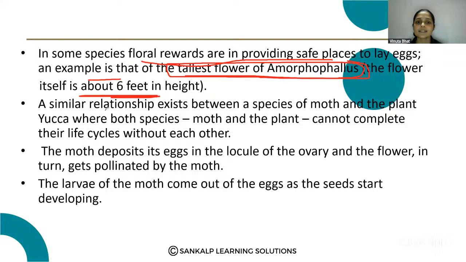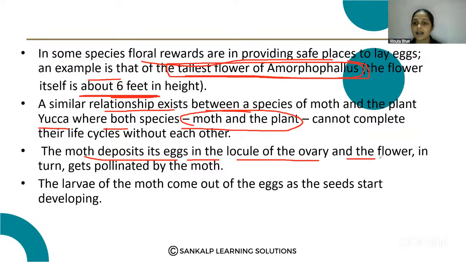Then a similar relationship is found between yucca and a species of moth. The moth deposits eggs in the locule of the ovary, and the flower in turn gets pollinated by the moth.